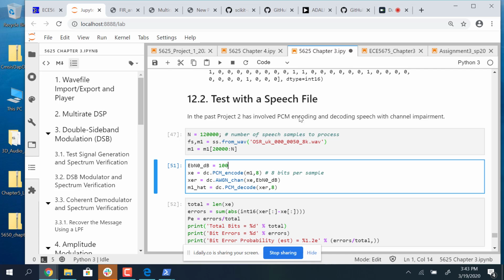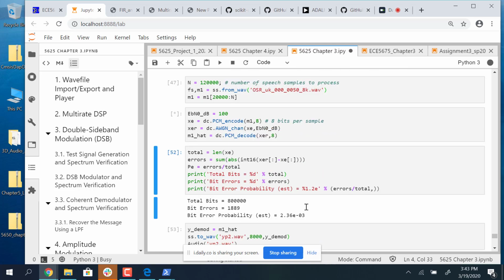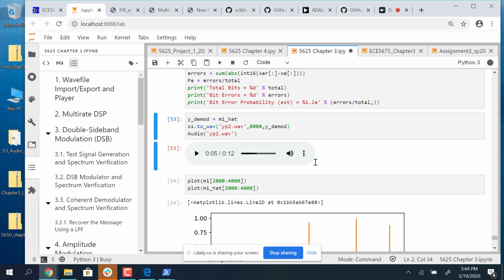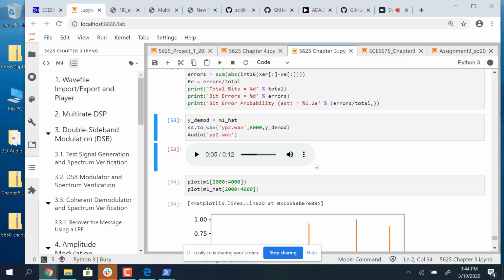take that away. I'm going to do 8 bits per sample. Then I'm going to do an error probability test, and it's not done with that yet though. There we go. That's really, really slow.